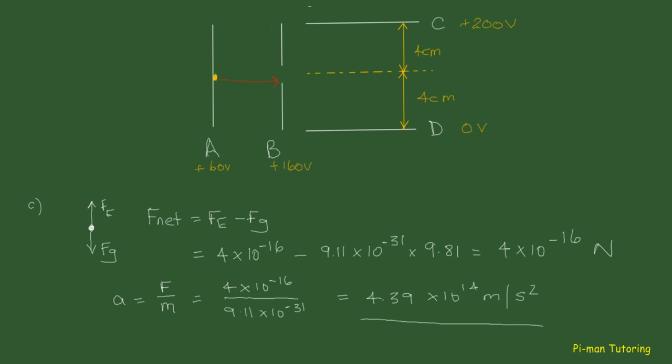That is the acceleration vertically in the electric field created by C and D. Now we can move on to part D of the question.